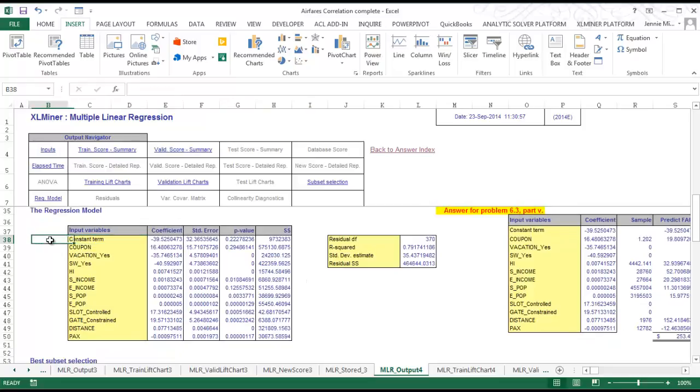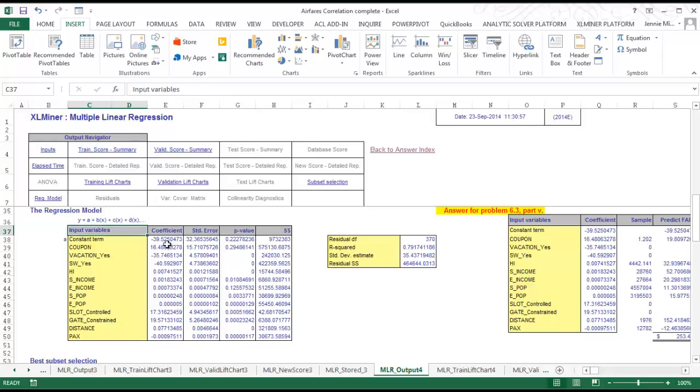So the constant term is like A. Then this would be all the variables in there. Remember that my formula is y equals A, well it's little a, plus bx plus cx plus dx, and so on.